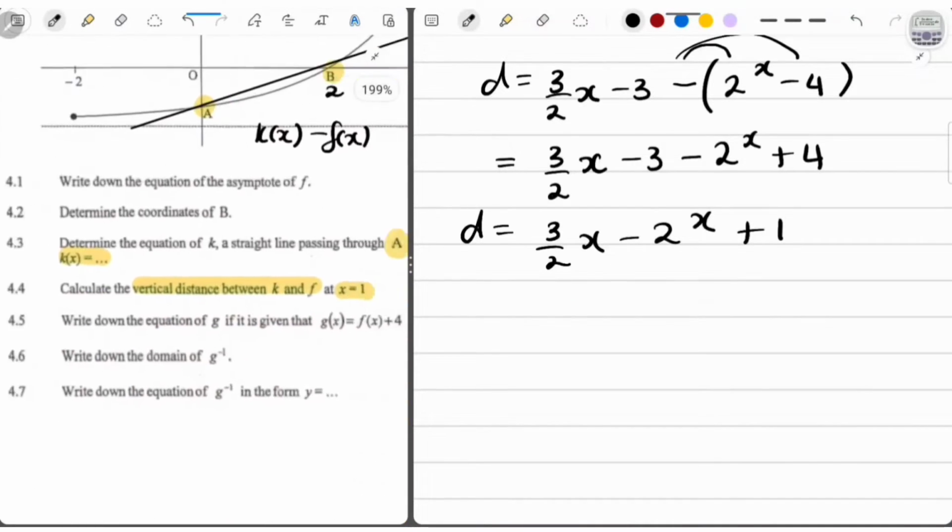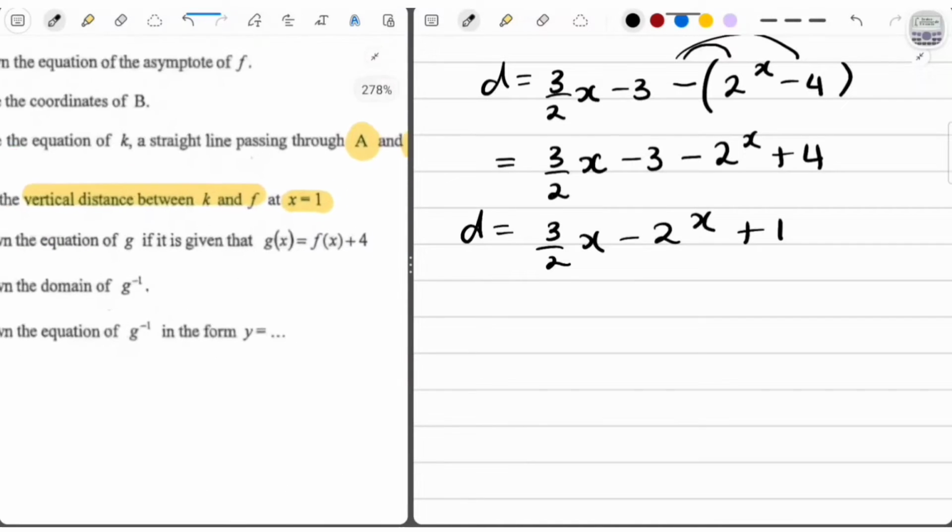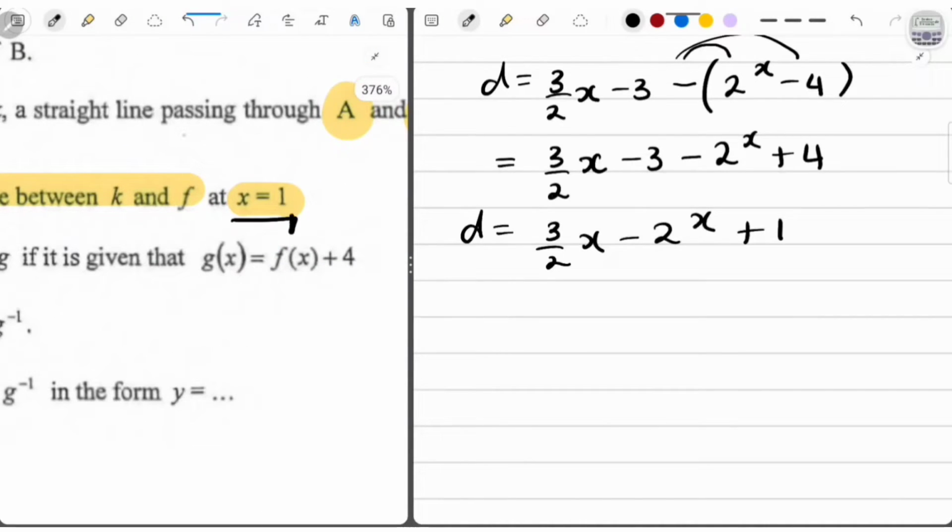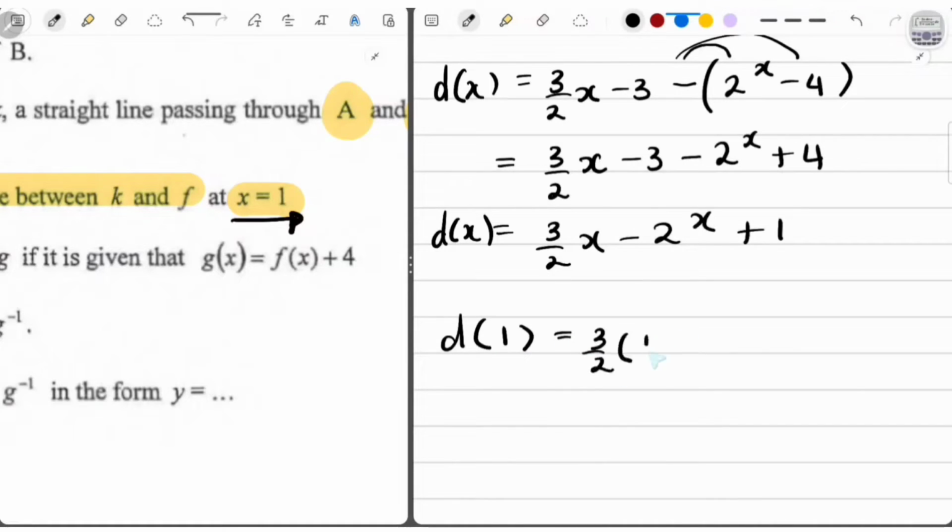But they specifically told us where to find it. They said at x is equal to 1. So in place of x, I'm going to substitute 1. I could have just called this d of x this whole time. So d of 1 now is equal to 3 over 2 times 1 minus 2 to the power of 1, plus 1.